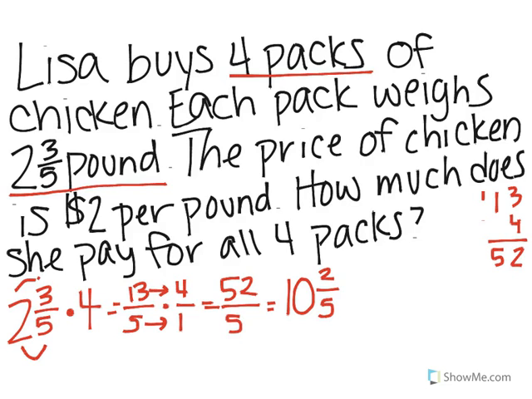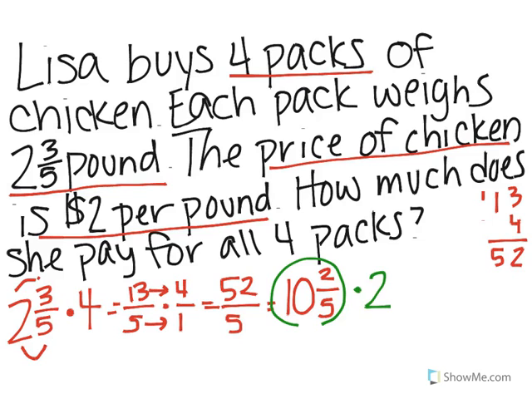Now, the second part of this, the price of chicken is $2 per pound. How much does she pay for all 4 packs? We're going to multiply. So here's all 4 packs, the weight of it right here. We're going to multiply that by 2.